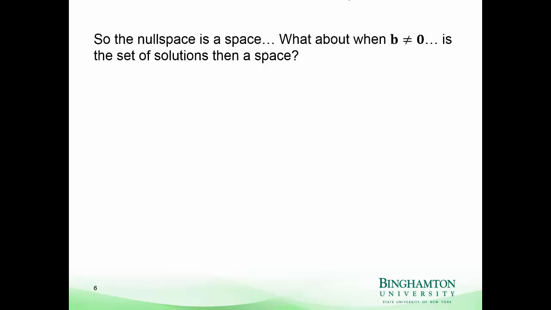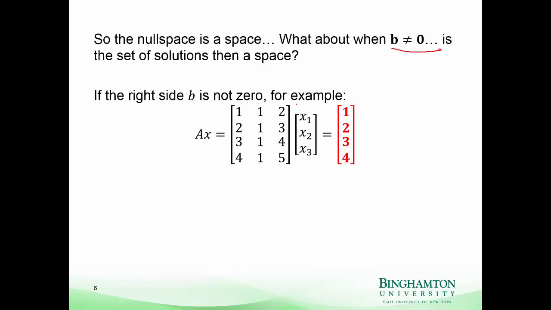So what if we were to look at the case when B is not equal to 0 and ask about the set of solutions? Is that a space? Would that be a subspace? If the right side B is not 0, for example, using this matrix that we've been using to illustrate things, suppose we put 1, 2, 3, 4 over there as our B. Well, first question is, is there a solution?